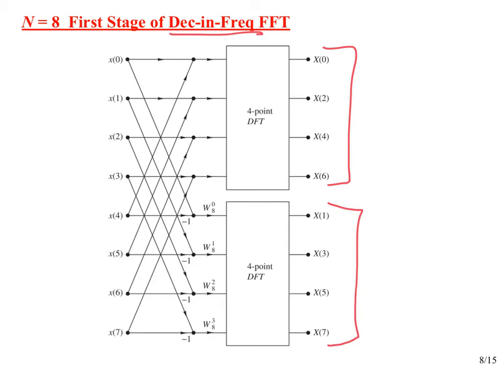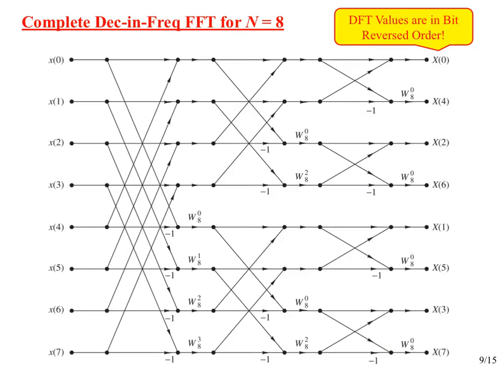And then we would continue this and get 3 stages, because 8 is equal to 2 to the 3. If we worked everything out just like we had done in the last set of notes, we'd get something that looks like this.